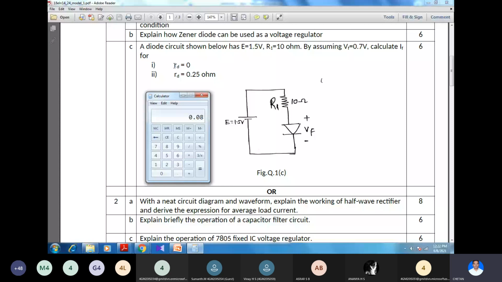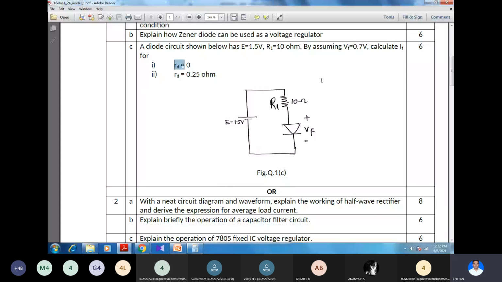In the second case, Rd is equal to 0.25 ohm. So what you have to do is replace this diode with the linear piecewise model of the diode. The linear piecewise model of the diode not only has a battery, it also has a resistance whose value is equal to small rd, as you can see in this slide.